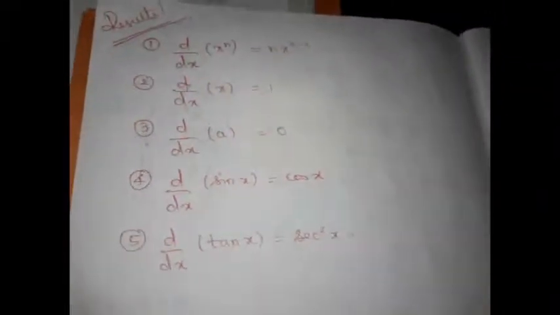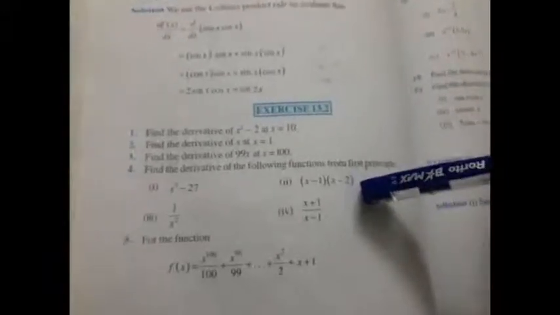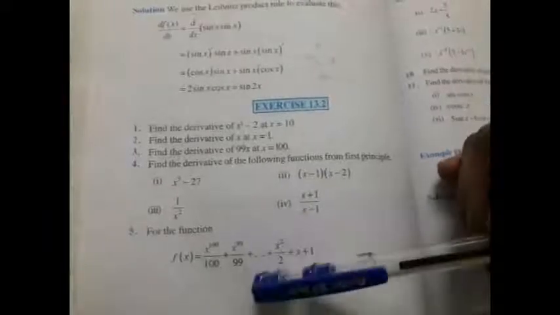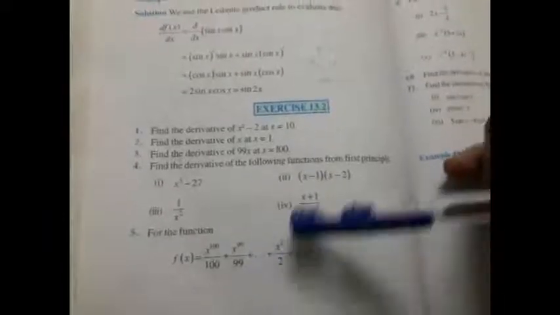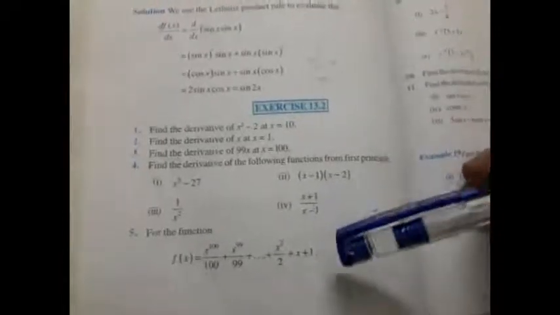Now using all these things, let us see how to solve a few problems. Till the 4th question we have done in our last class. Now look into the 5th question. For the function f of x equal to x power 100 divided by 100 plus x power 99 divided by 99 plus and so on, x square by 2 plus x plus 1, how to find the derivative?